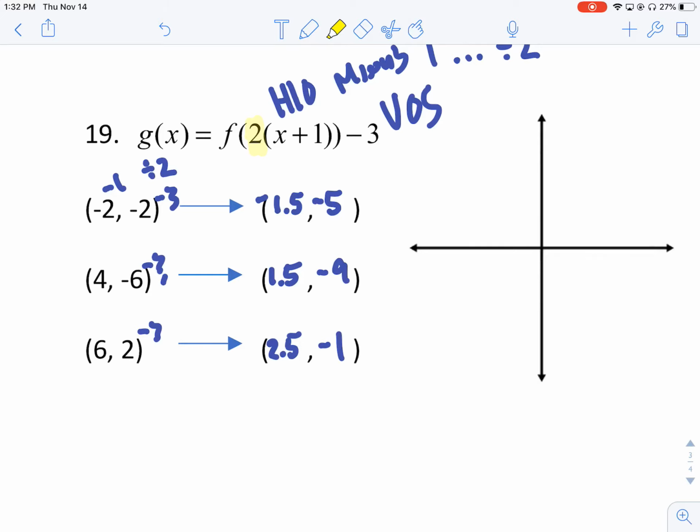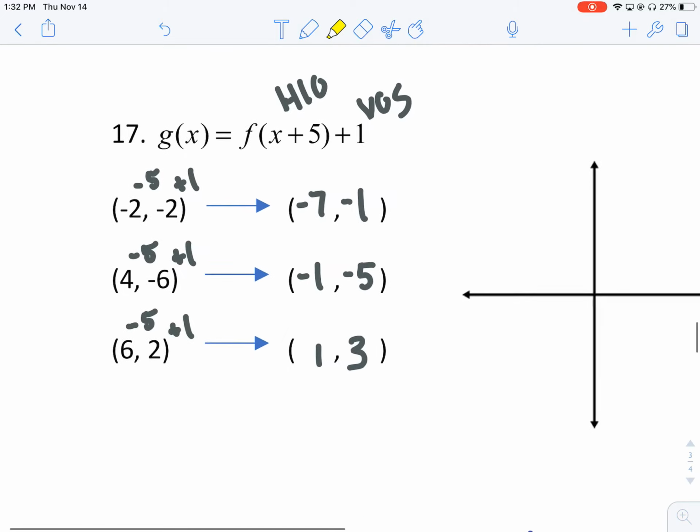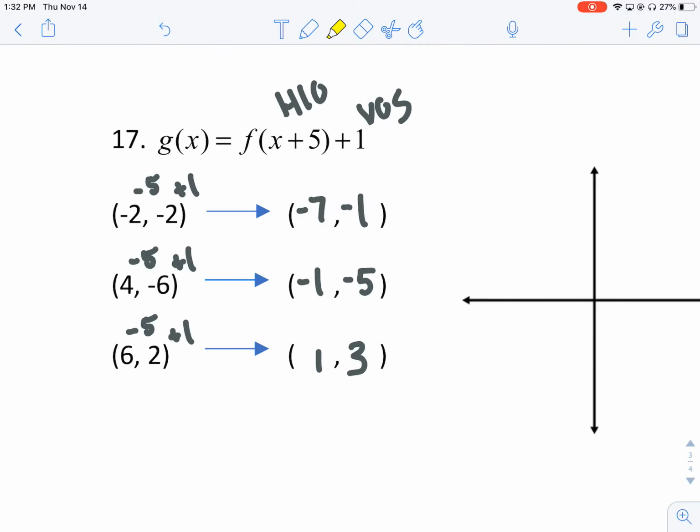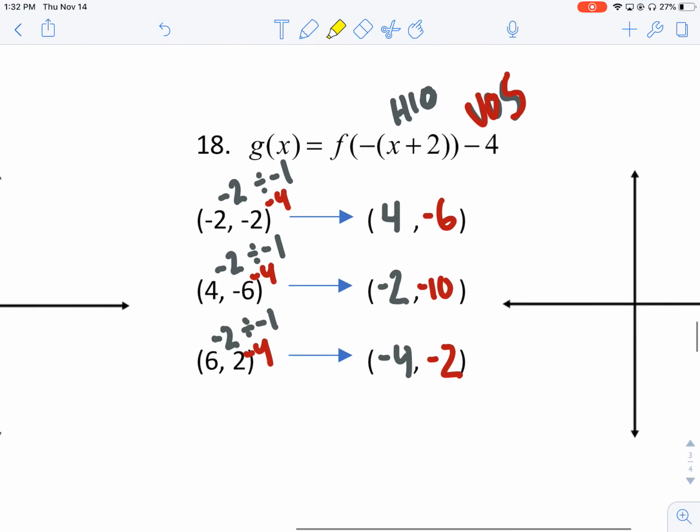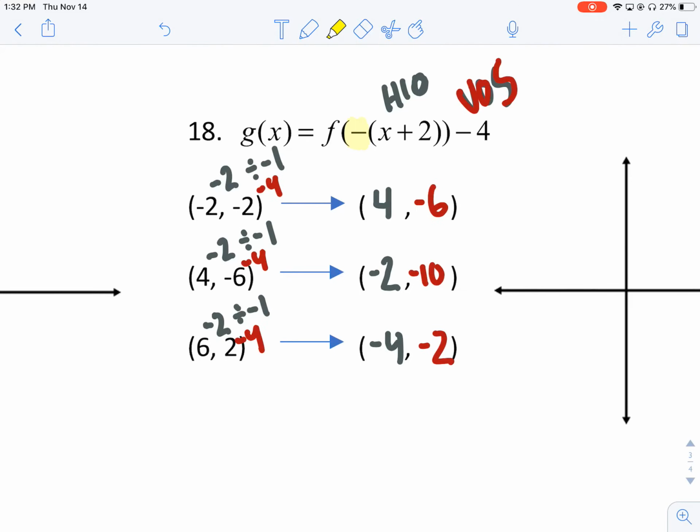So it should make it skinnier. This one up here does not have any scale changes, so this just moves to the left 5 and up 1. And this one here has a reflection over the y, and it should move left 2 and down 4. So anyway, I know that was long. Hopefully that helps. Adios.